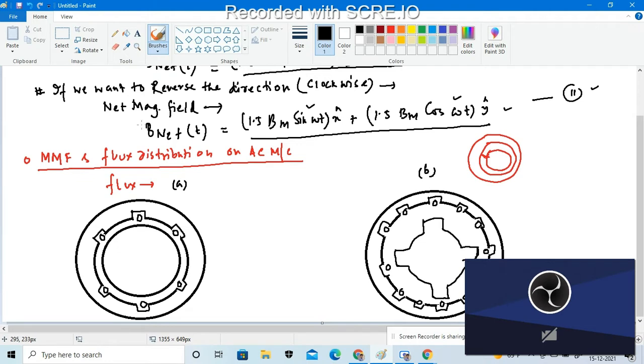This figure signifies an AC machine with a cylindrical pole rotor.